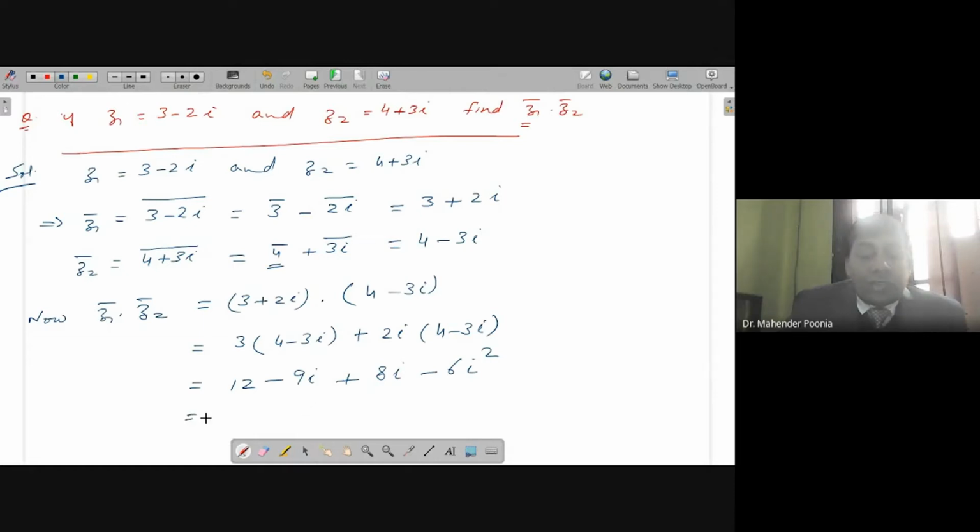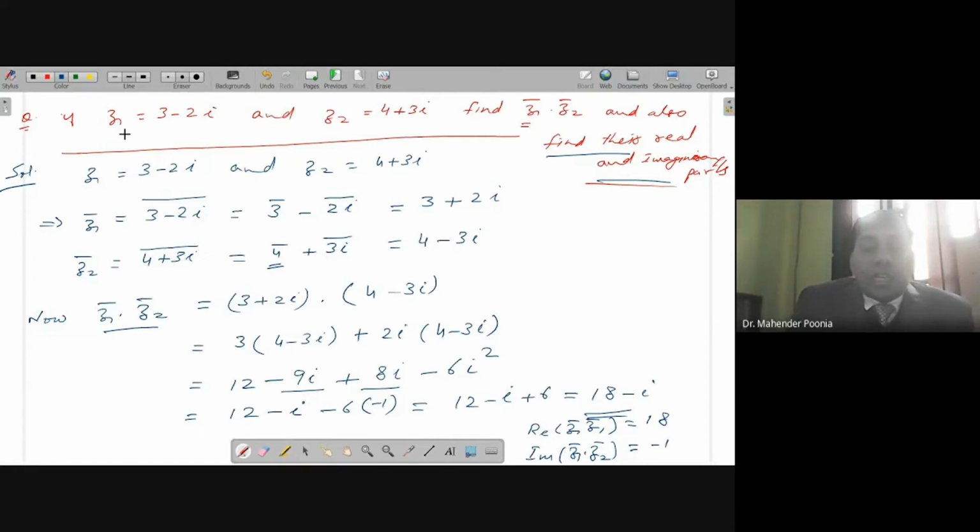Which is equal to 12 minus 9 iota plus 8 iota, it becomes minus iota, minus 6 into iota square, which is minus 1, which is equal to 12 minus iota plus 6, is equal to 18 minus iota.